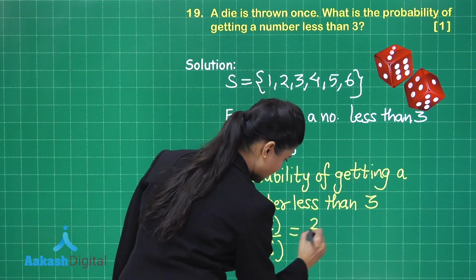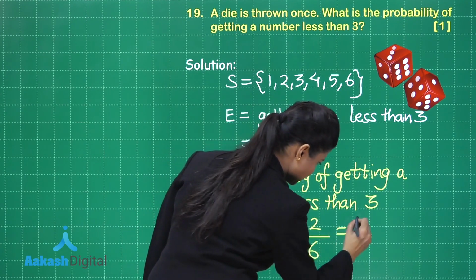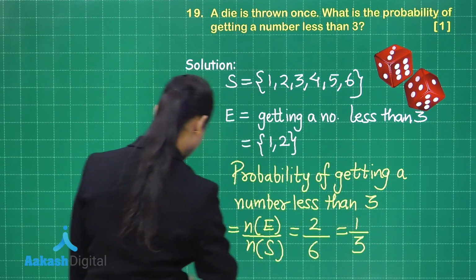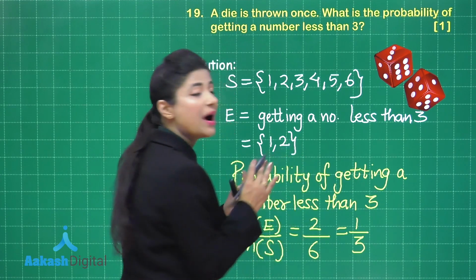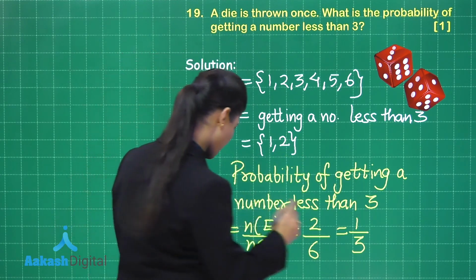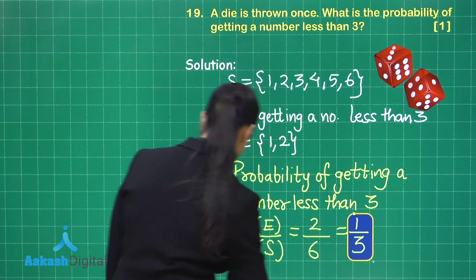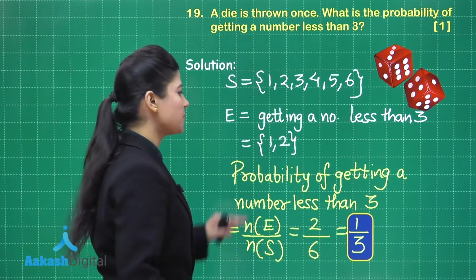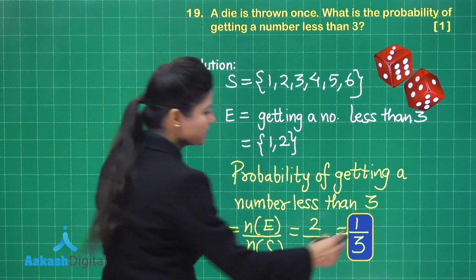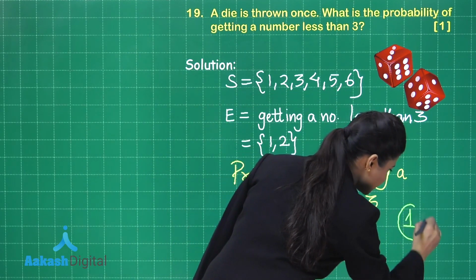This is 2 upon 6, which simplifies to the value 1 upon 3. So here we get the required answer for this question as 1 upon 3. And for solving this question, you are going to get complete 1 mark.